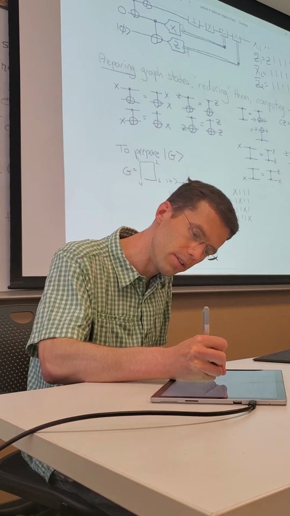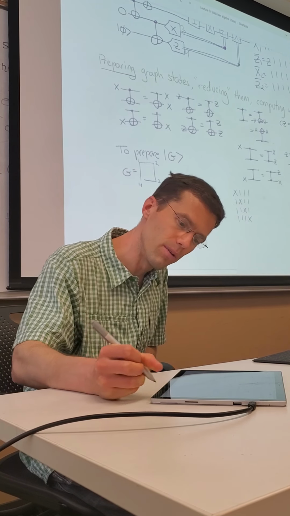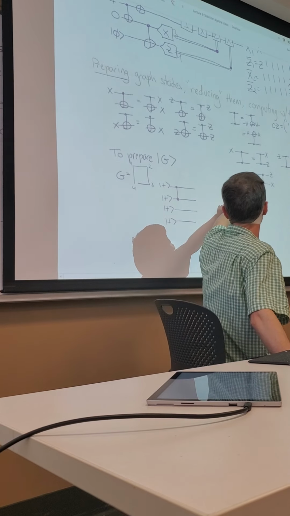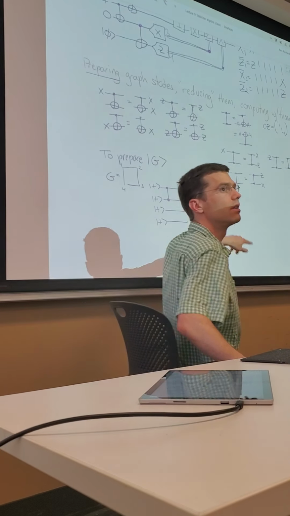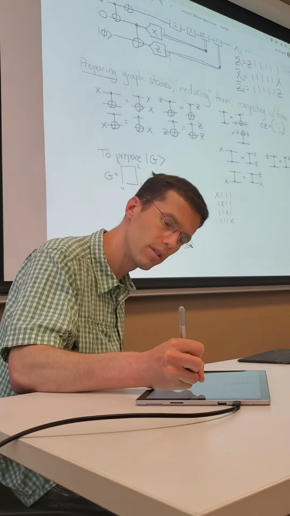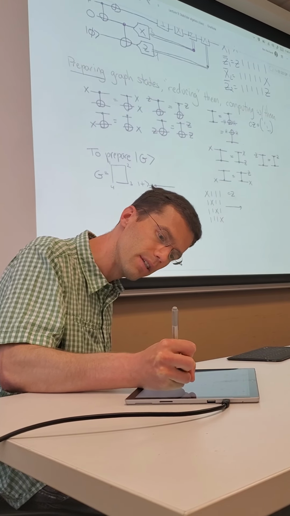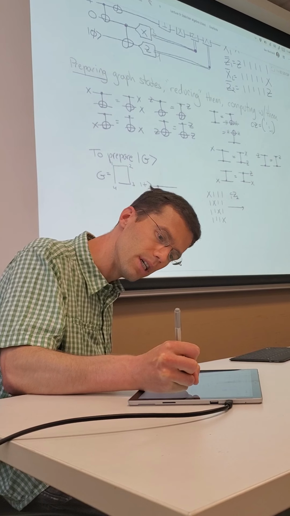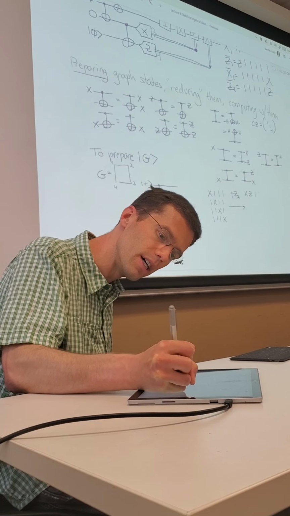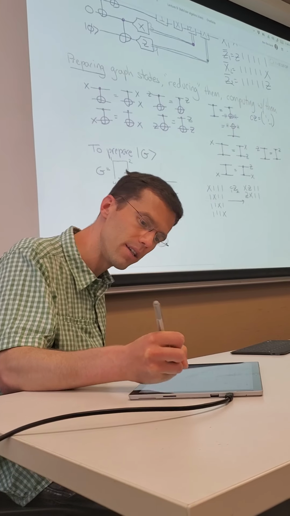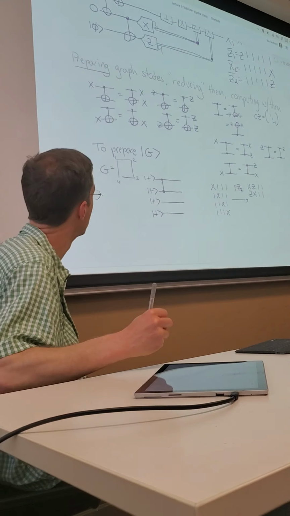So from 1 to 2, what happens with that controlled Z gate? This will become XZ, and that will become ZX. So after the controlled Z gate from 1 to 2, I have XZII, ZXII. The other two are unchanged so far.